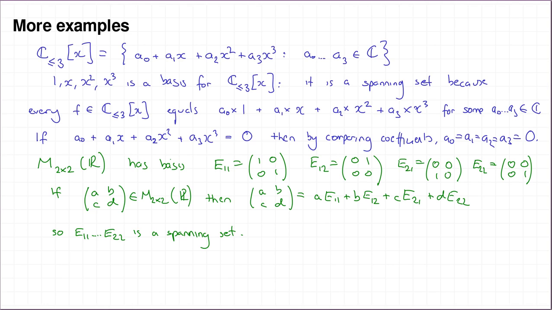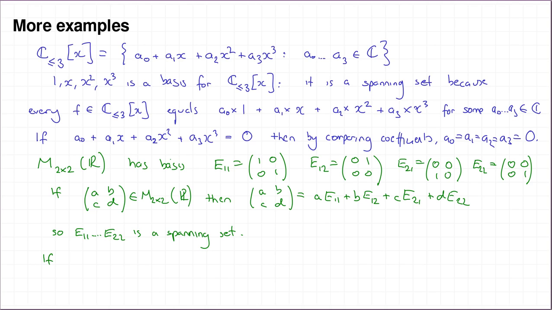We now have to show that it is linearly independent. And to do that, we'll take a linear combination of the e's equal to the 0 element in our vector space and show that actually all the coefficients had to be 0 in that linear combination.